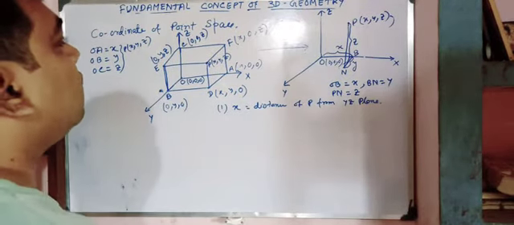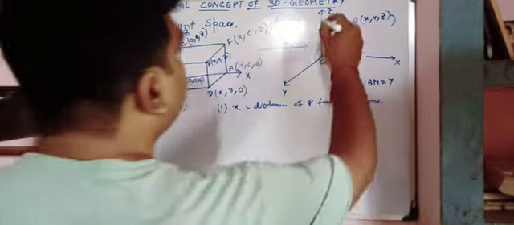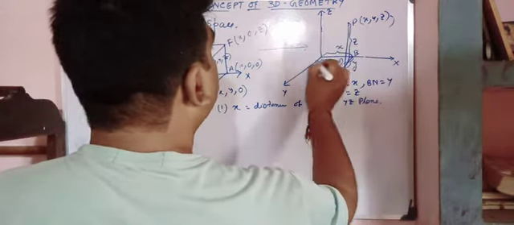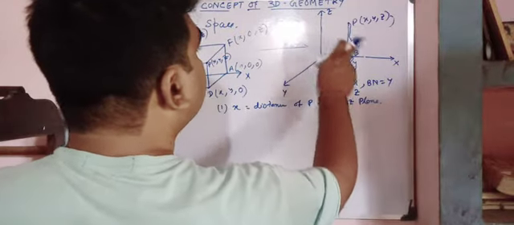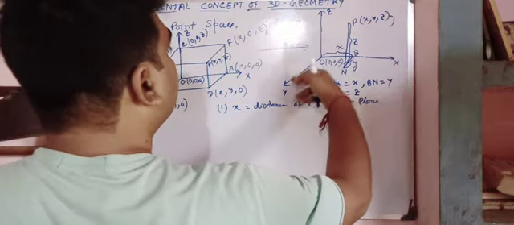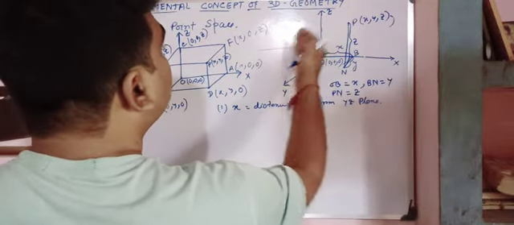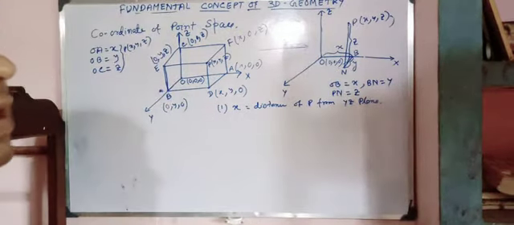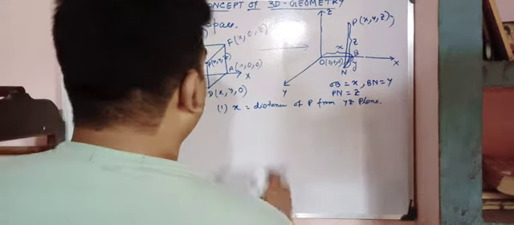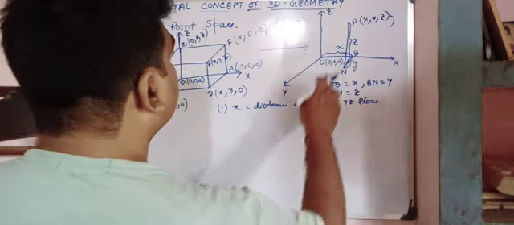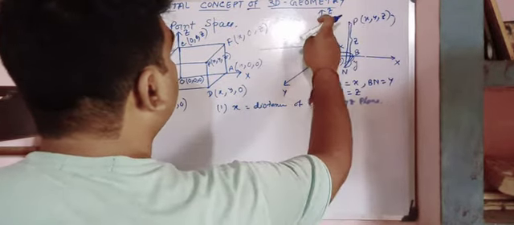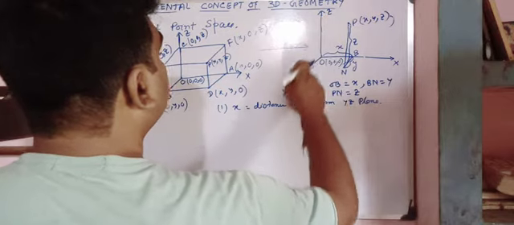If we take these 3 coordinate axes, these axes together make 90 degree angles with each other. Now over here we can take xz, xy, zy, and we can take each of these as a plane. Now x is the distance of P from which plane? The yz plane.